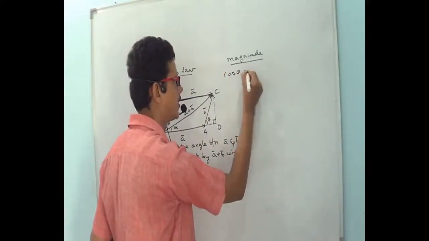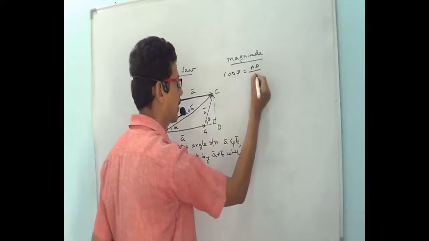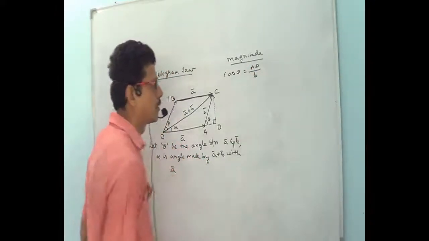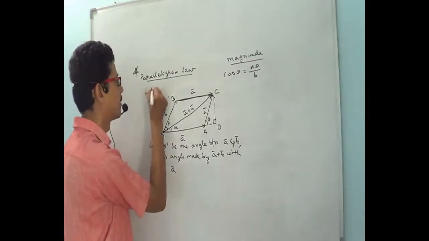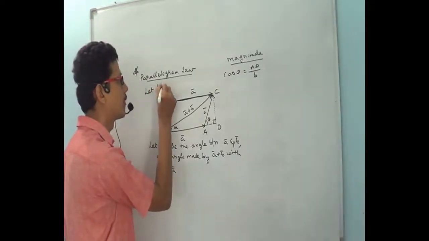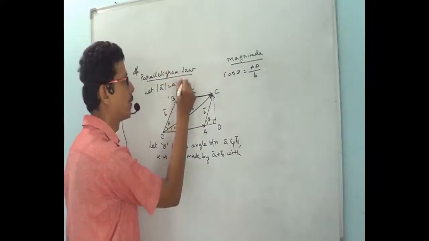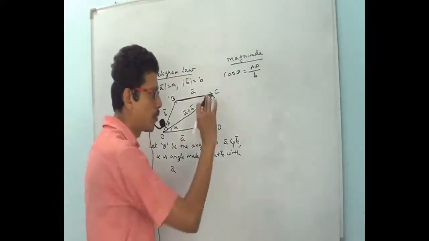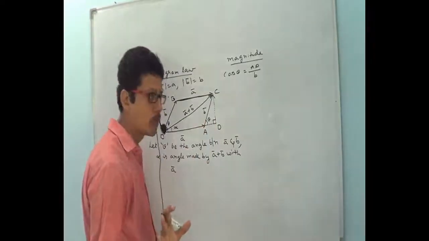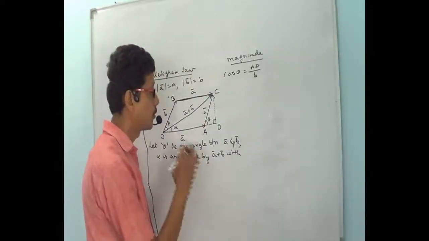Cos theta is adjacent side by hypotenuse. Hypotenuse is B here. Let the magnitude of B bar be B. Okay. And what is the magnitude of A bar?